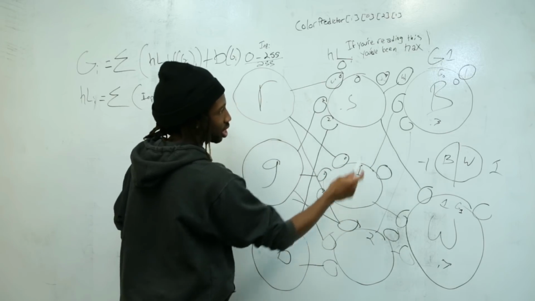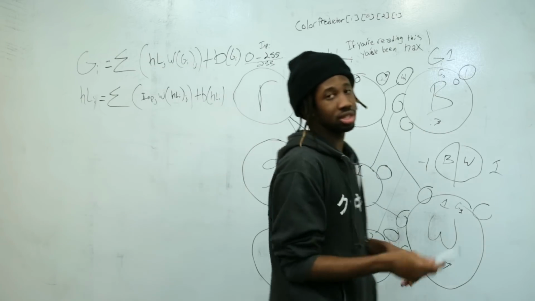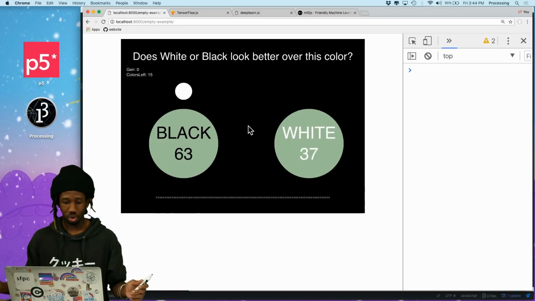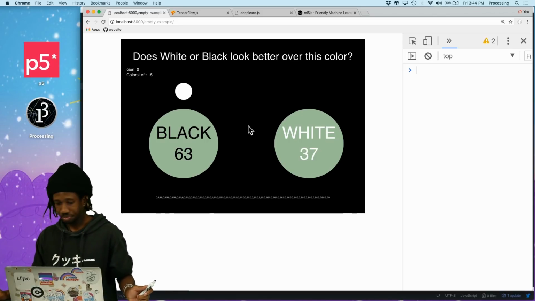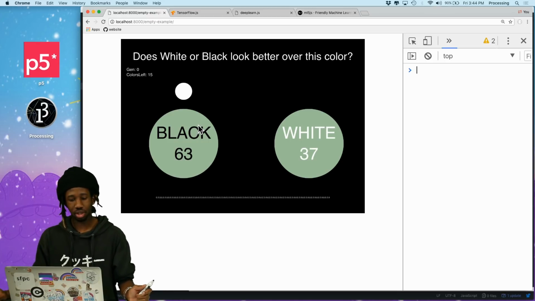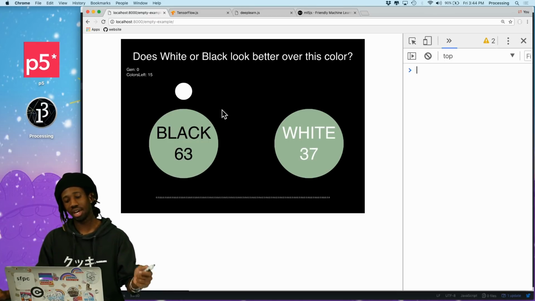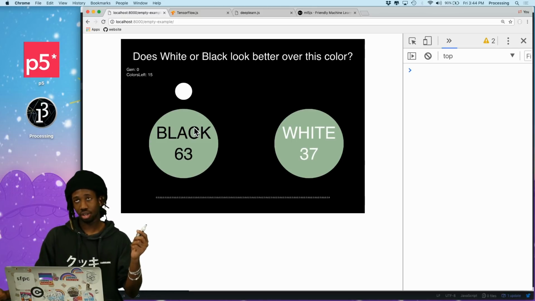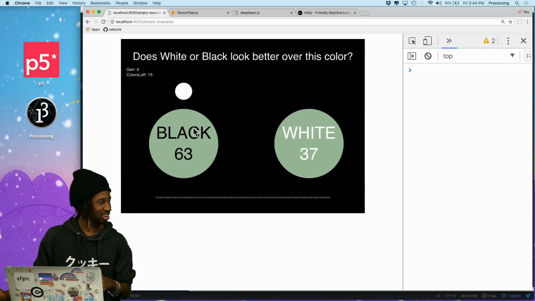The function that we use for this program is randomized between 0 and 1. Then, based on their randomly initialized weights, they all make a guess on which one they think is correct. Most of them said that black is the correct color that looks best over this randomized color.